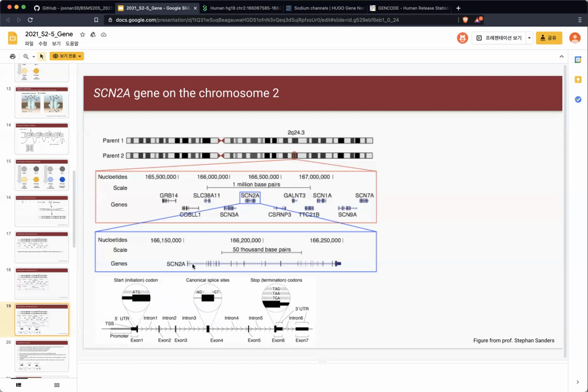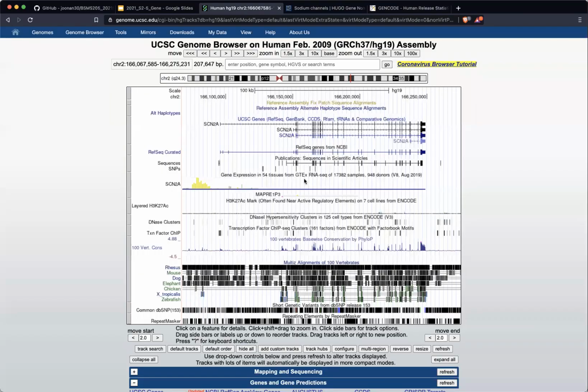No matter which species comes, we always use the same notation, like exons or introns or promoters. So all of these compartments, all the organisms on our planet have the same things, right? So we can also see these things in our browsers as well.